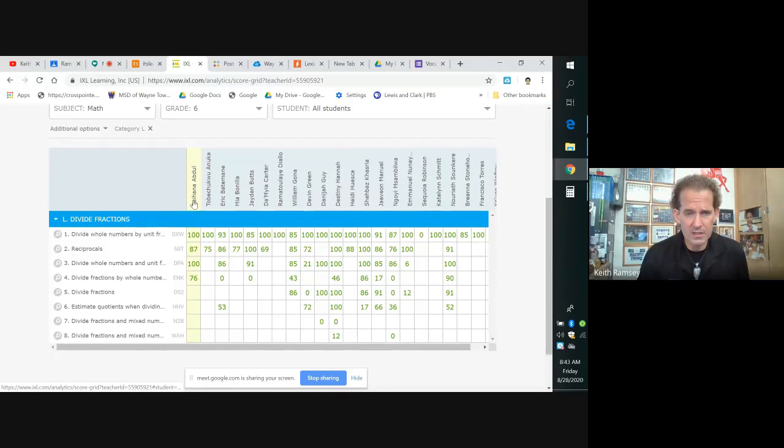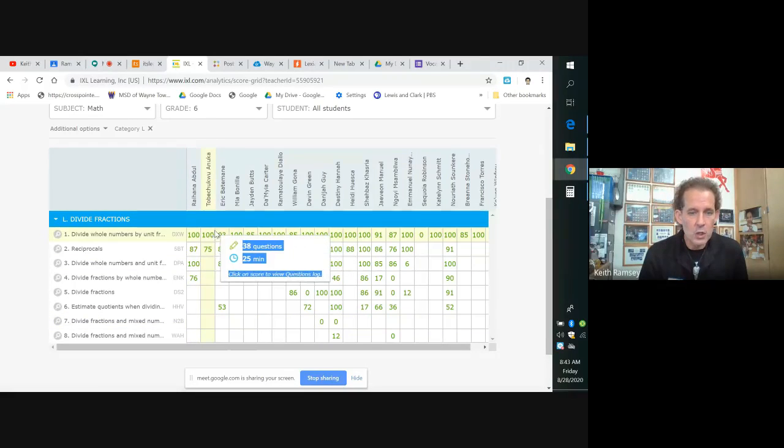I can see very quickly, Rihanna has mastered 3 of those skills. She's mastered reciprocals because she's scored over an 85%. She's mastered dividing whole numbers by unit fractions, but she still needs to work on this lesson, dividing fractions, estimating quotients, dividing fractions with mixed numbers. That's kind of what we talked about, converting that mixed number into an improper fraction and then flipping it.